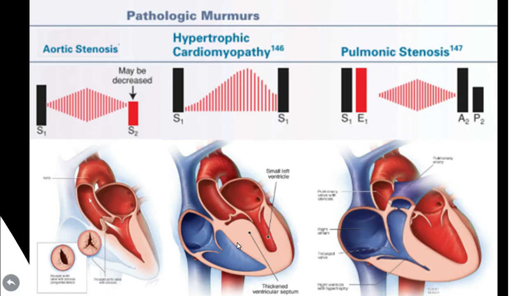Patient with hypertrophic cardiomyopathy, there is a thickened ventricular septum during systole, or in patient with pulmonic stenosis, just like a right-sided counterpart of the aortic stenosis, but this is usually associated with an ejection click.